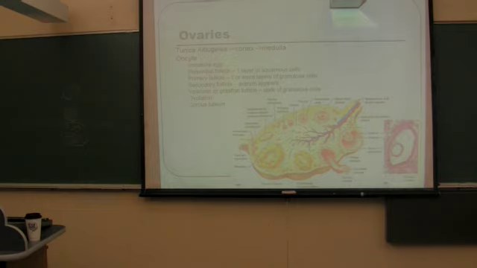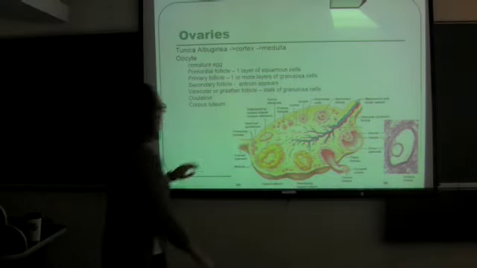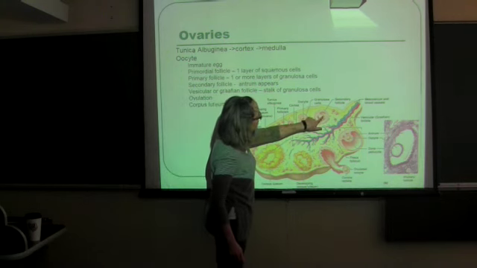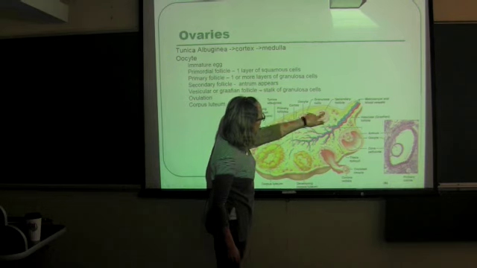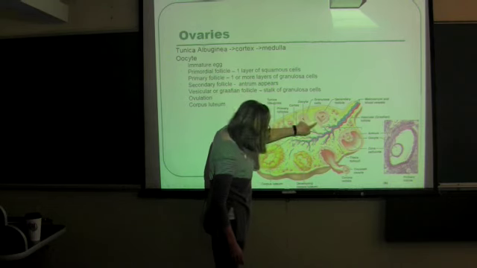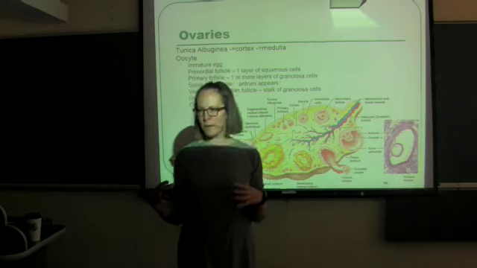Okay, you get more of those cuboidal cells, and you've got the oocyte right in the center. You've got a fluid-filled antrum, and then you get more of those cuboidal-shaped cells starting to surround it.